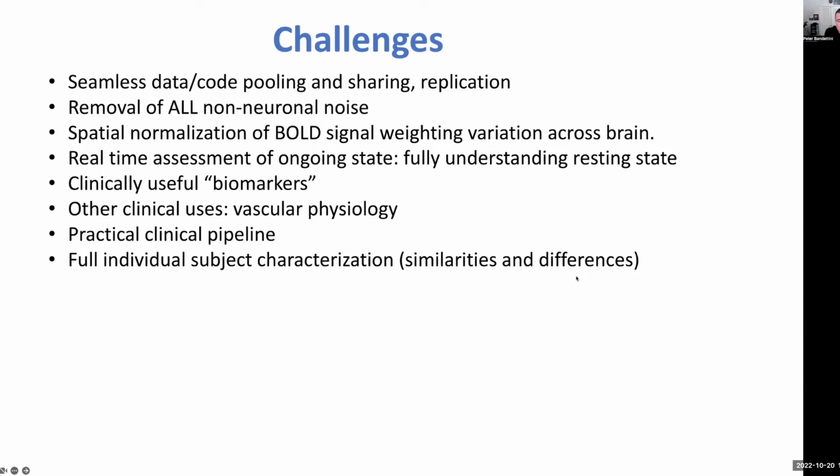So right now there's been some work in trying to characterize individual subjects. For instance, I had a postdoc, Emily Finn, who's sort of taking off with this field, looking at cross-subject correlations. And before that, she did brain fingerprinting.